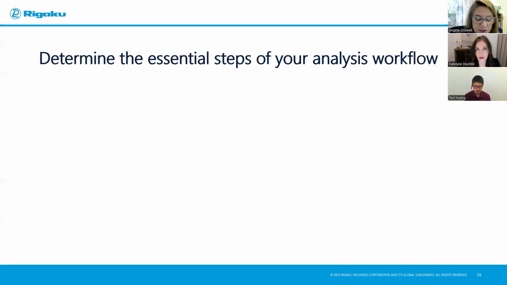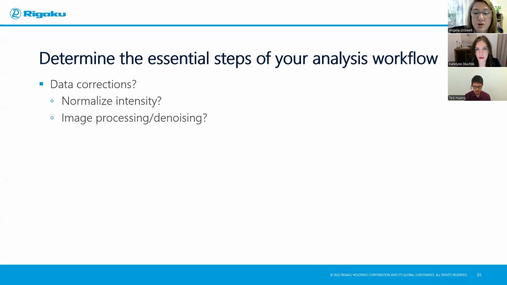And to start thinking about that, you need to determine what the absolute essential steps of your analysis workflow will be. Of course, you're always going to read in your data, but consider, are there any data corrections that you need to perform? For example, do you need to normalize the intensity of all of your scans that you're inputting?